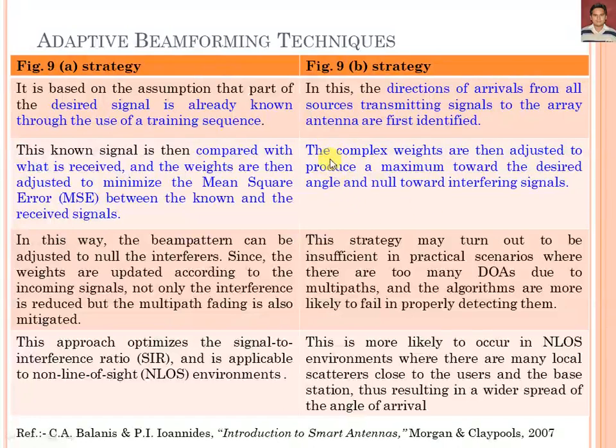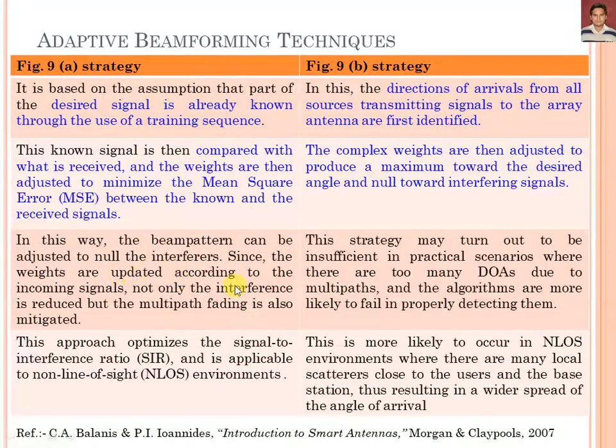In the other strategy, the complex weights are adjusted to produce a maximum towards the desired angle and null towards the interfering angle. So in the first strategy, the beam patterns can be adjusted to null the interference.